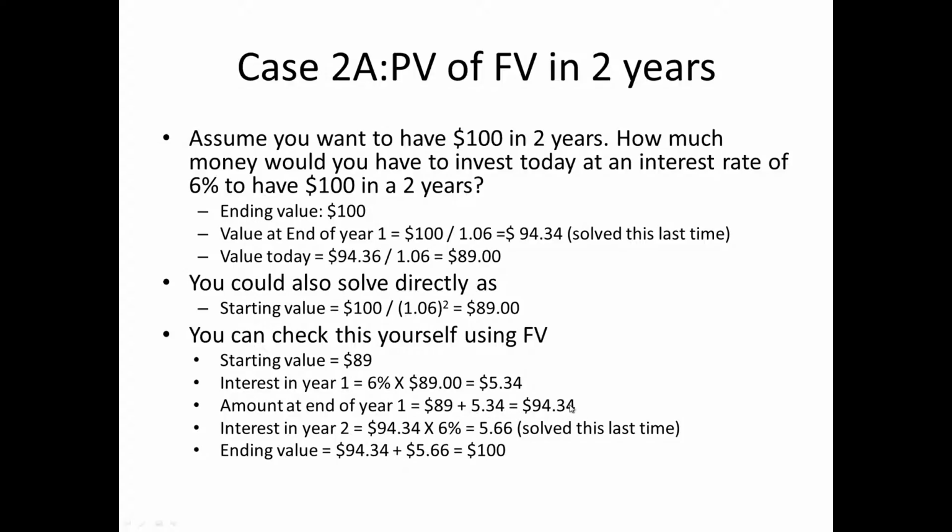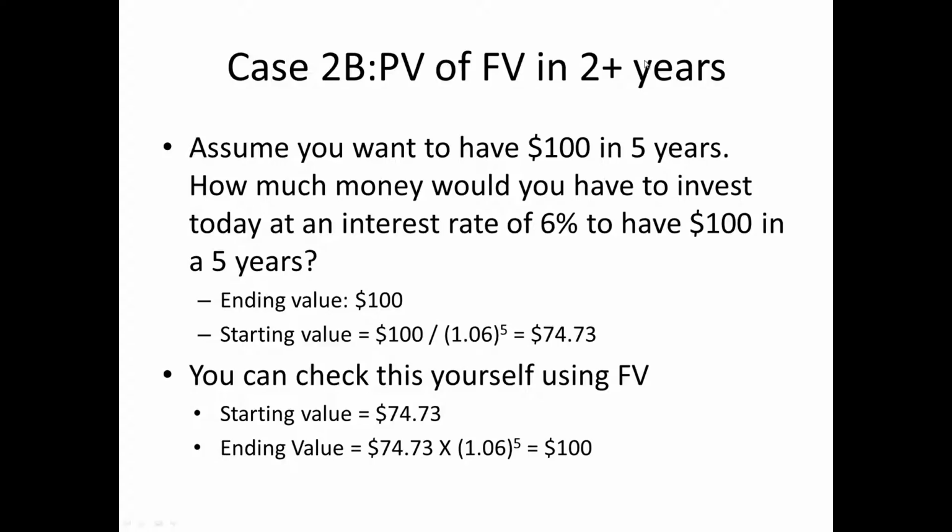That's the 94.34. So that's what I invest at the beginning of year 2, earn 6%, that earns 5.66. We solved for that last time, so that should look familiar. We add the 5.66 to the 94.34, we get $100. So again, nothing new. Everything is pretty much the same. You're just dividing by that rate instead of multiplying by it because you're going backwards in time instead of forwards in time.